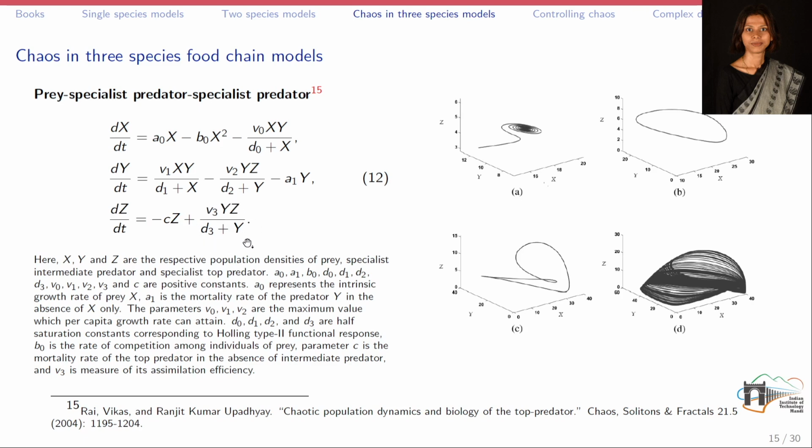So what is seen in this particular model is that it's a three species model, and initially there is a stable focus in this mathematical model which eventually changes to a limit cycle by changing the sensitive parameter involved. I am not getting into the detail of the sensitive parameter here or other dynamics that is seen here, or the goal of this particular article.